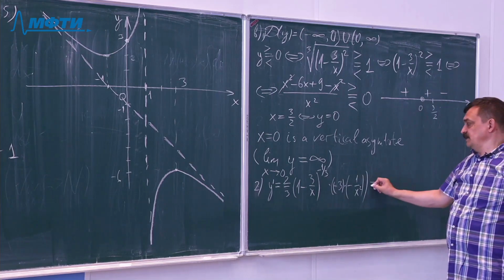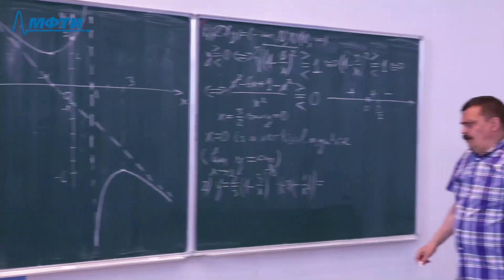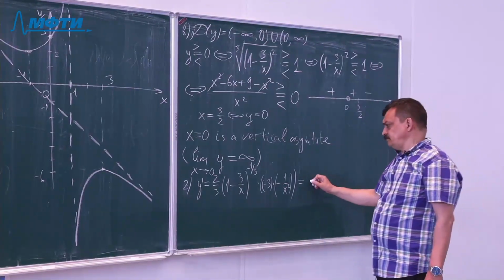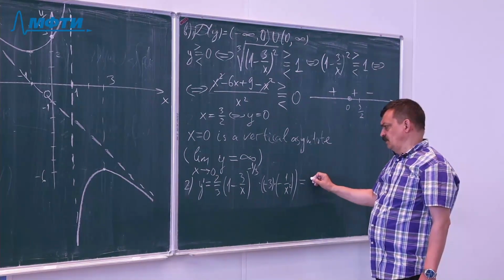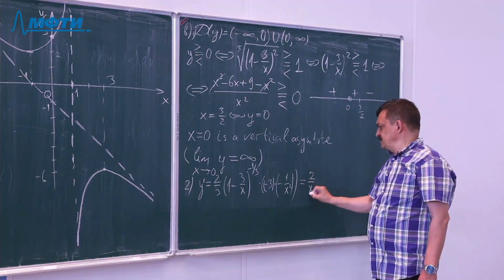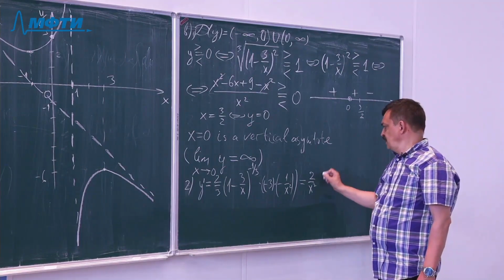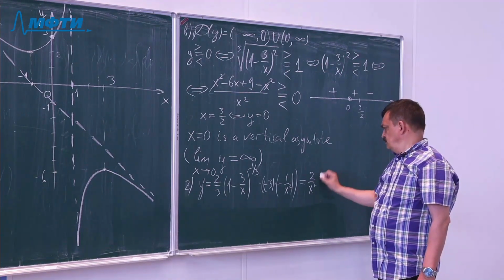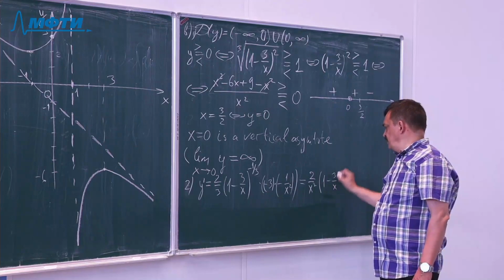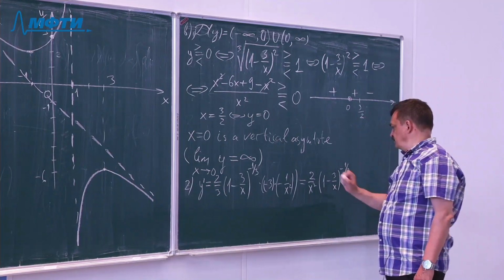So altogether we have 2 over x squared times 1 minus 3 over x, power minus 1/3.